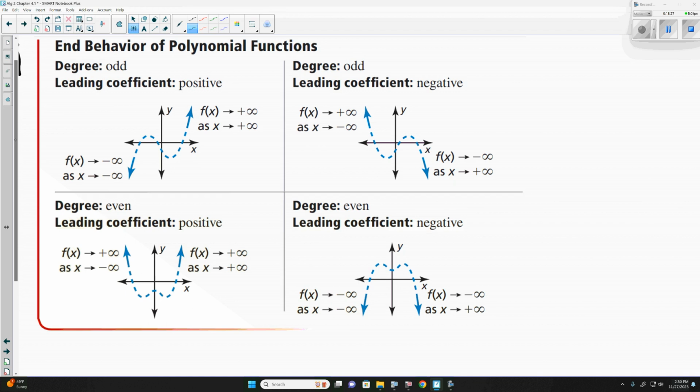Now, out of all the different polynomial functions, there's only 4 ways that these functions will behave.